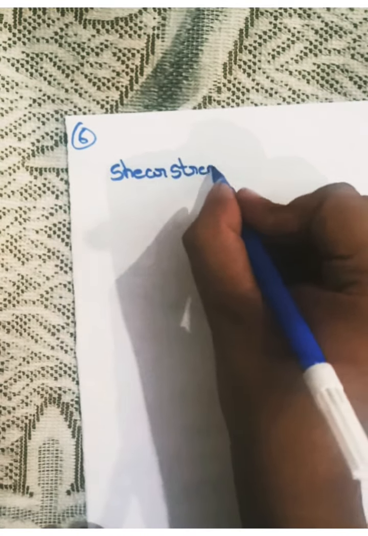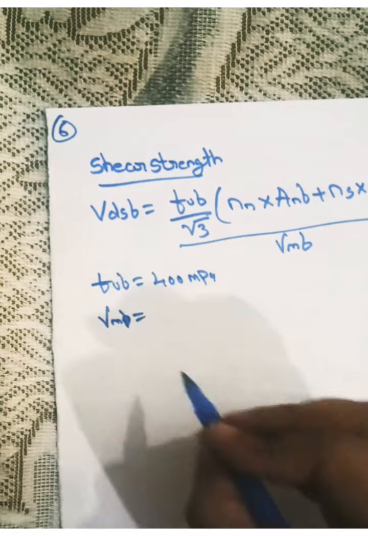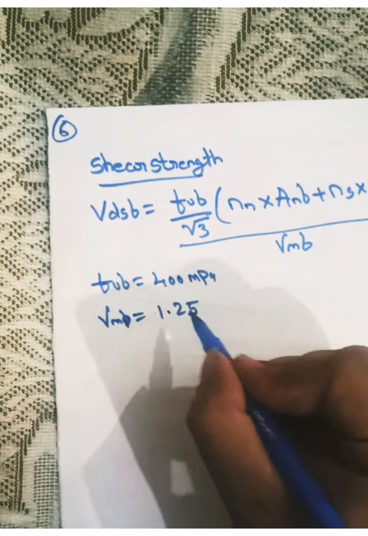We have this formula in the IS 800. Here FUB is 400 MPa, and gamma MB, that is the partial safety factor for the bolts, is 1.25.